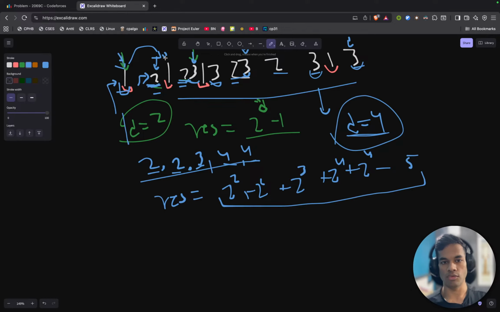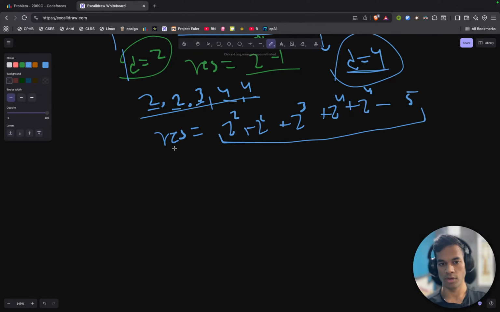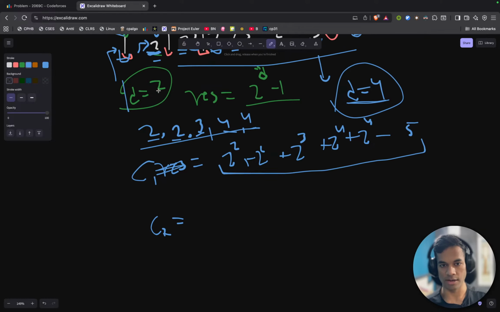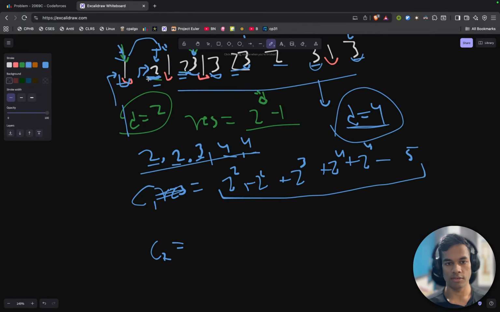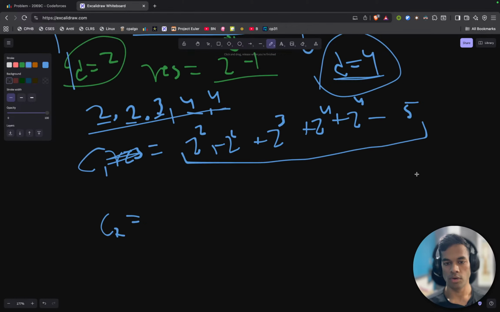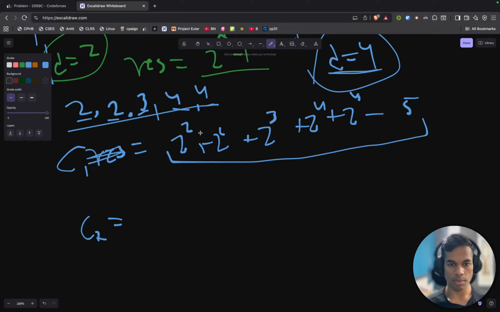Then for this one, since we don't have 1, 2, this 2 will be subtracted from all of these values. So let's call this C1 and C2 the value for the second appearance of a 1. This one has 1 less 2. So everything would be the same except the power. Power would be 1 less than what it is right now.